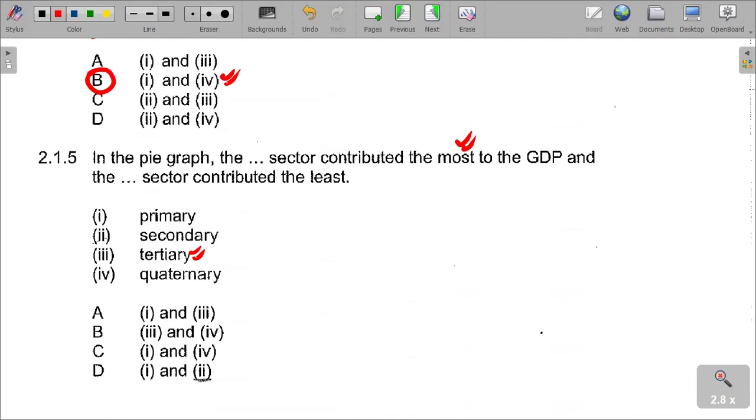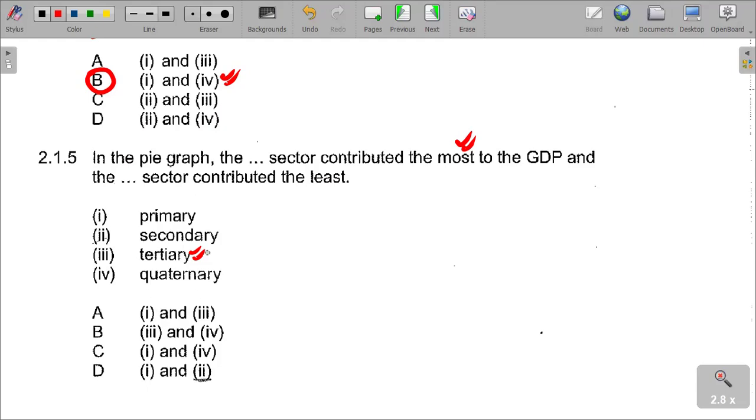So our correct answer is that the sector that contributed the most to the GDP and the one that contributed the least are the tertiary sector and the quaternary sector. Let me see, tertiary sector and four.